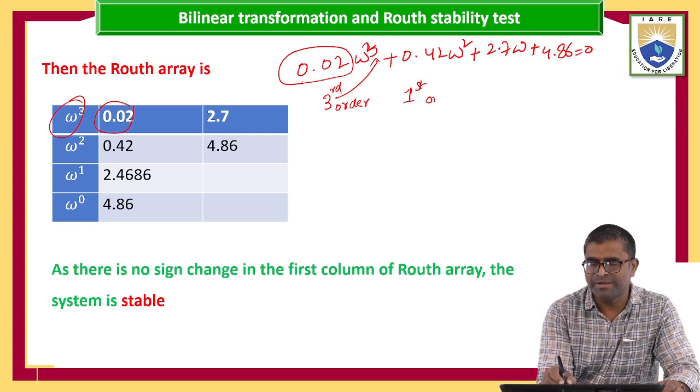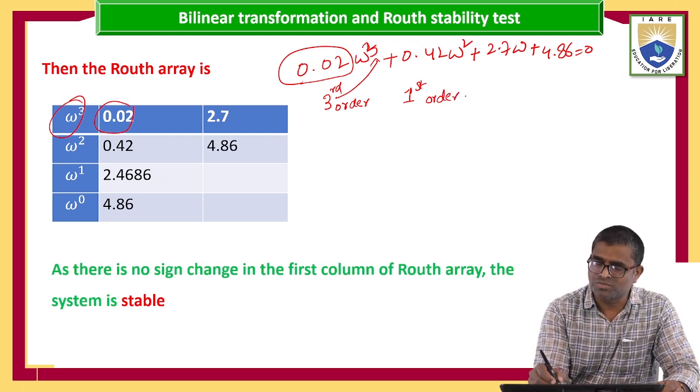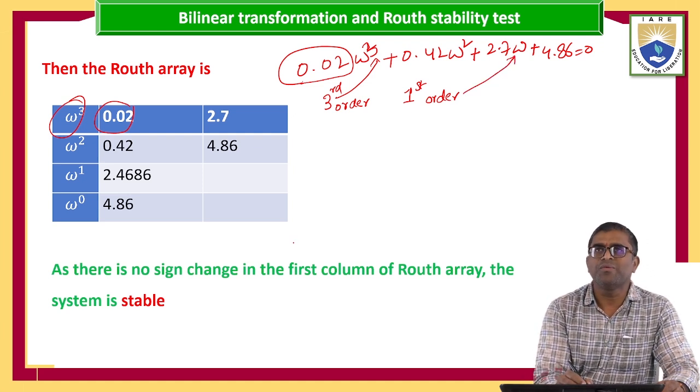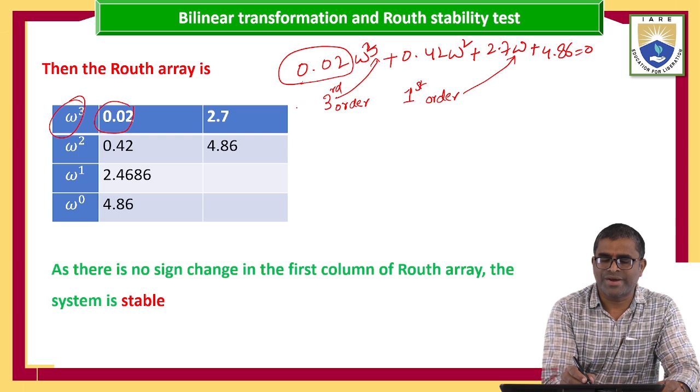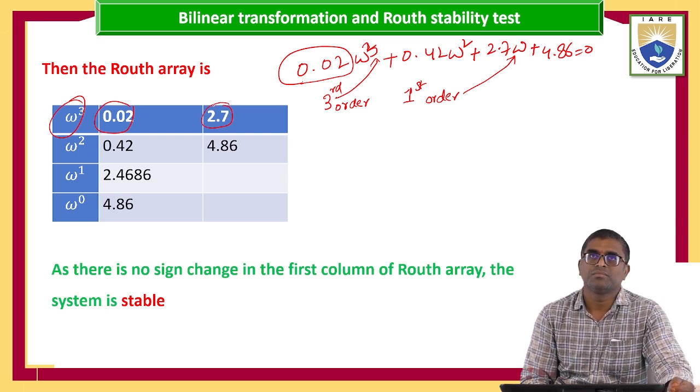First order element. What is the first order element in the given problem? It is this one, omega. For this value, the magnitude is 2.7. I am taking it as 2.7.